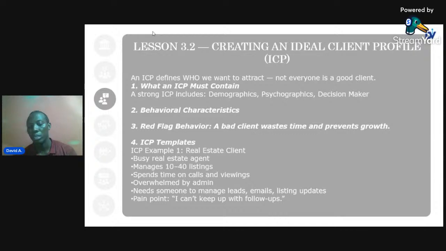Number 2, understand this in terms of behavioral characteristics that high quality clients, they have previous experience hiring VAs, whether a good VA or a bad VA, they've hired VAs before. Another thing is that they have the ability to make quick decisions. If they don't want this, they don't want it.